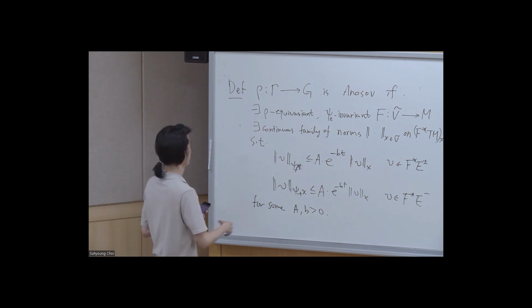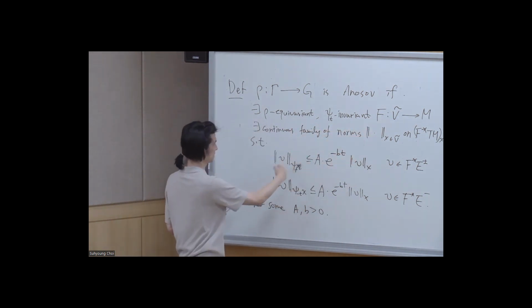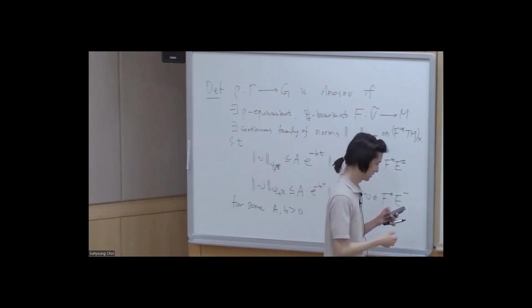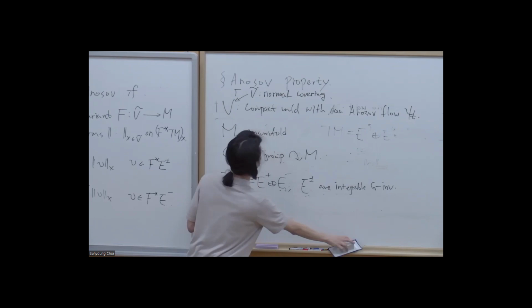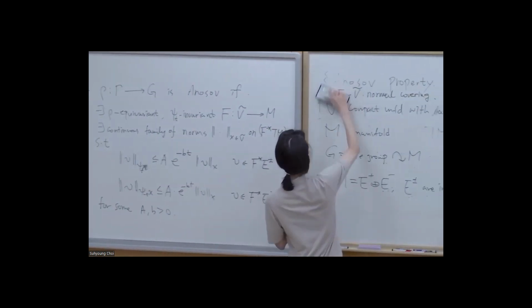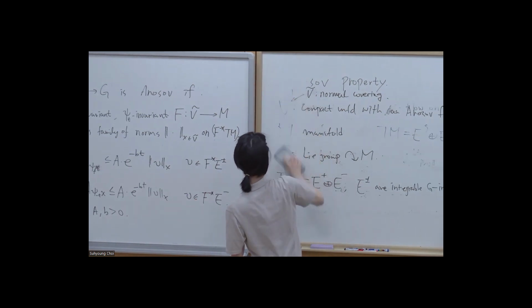So if we have a map and a family of norms that satisfy this condition, we call this representation an Anosov representation. Its definition is kind of complicated, but I will give you a better definition at the end of this talk.